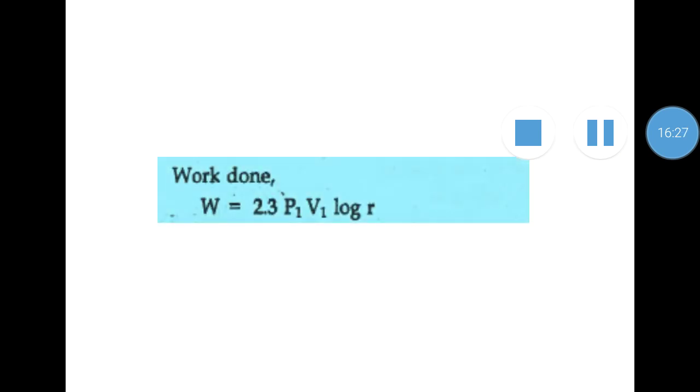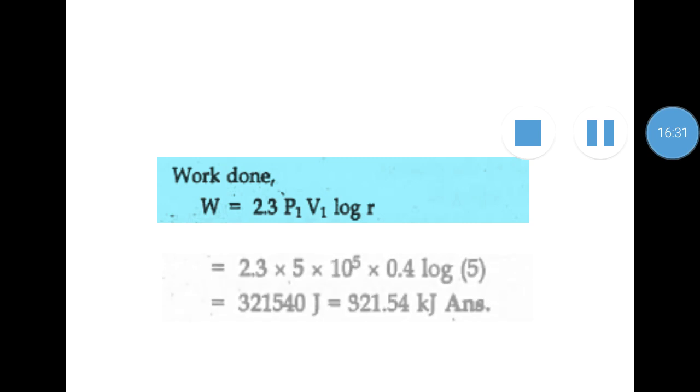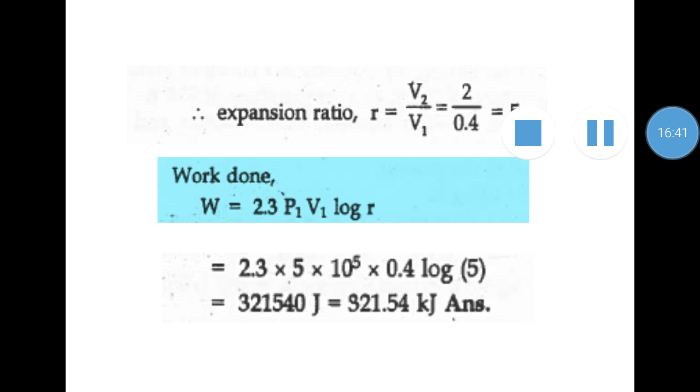Next we have to find out the work done. Filling in the values, work done is 2.3 P1 V1 log R. The expansion ratio R is V2 divided by V1, so 2 divided by 0.4 is equal to 5.